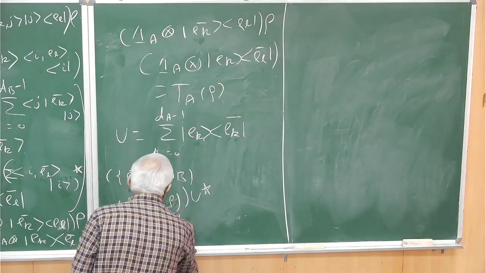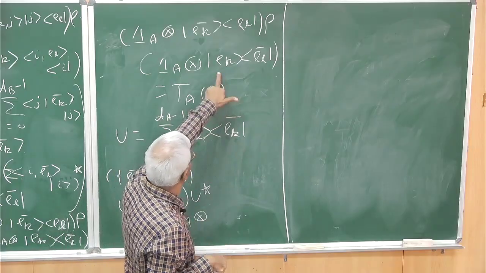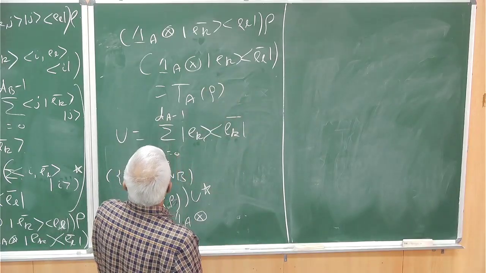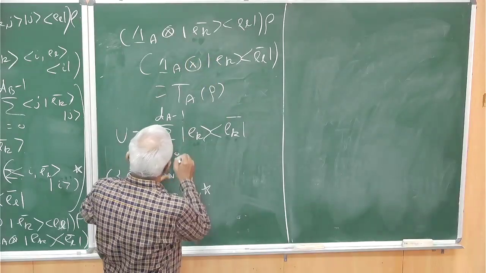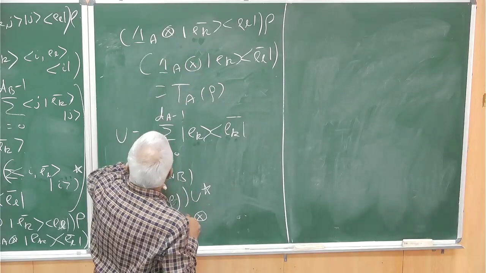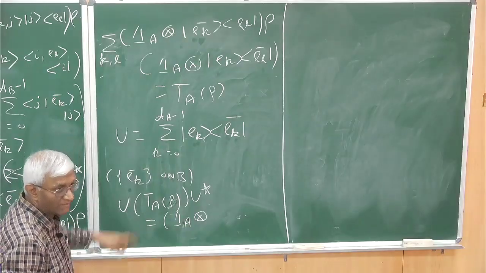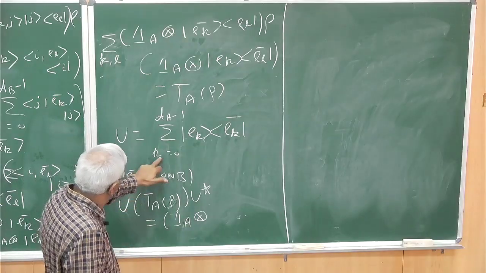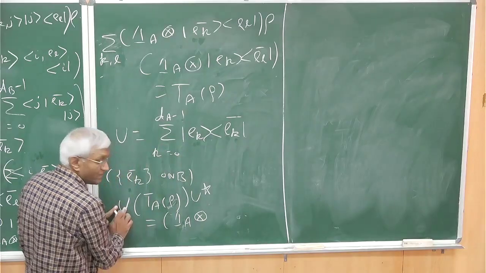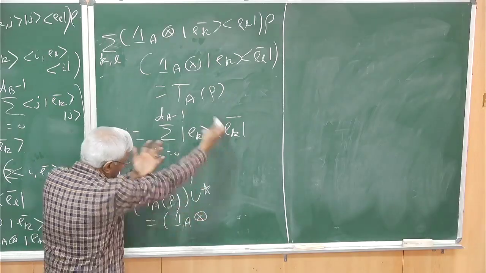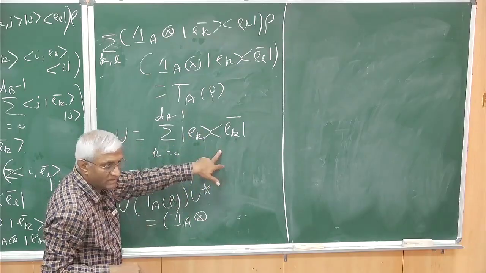Now this is what you get. You get 1A tensor, if you apply this EK bar here. There is a summation over K and L. But now U will have a summation over K prime, and U star is this with the star inside. There will be a summation over L prime.